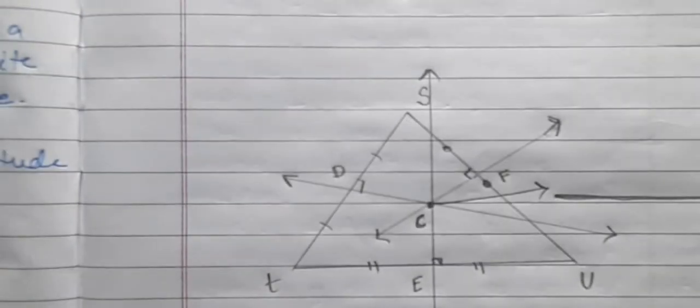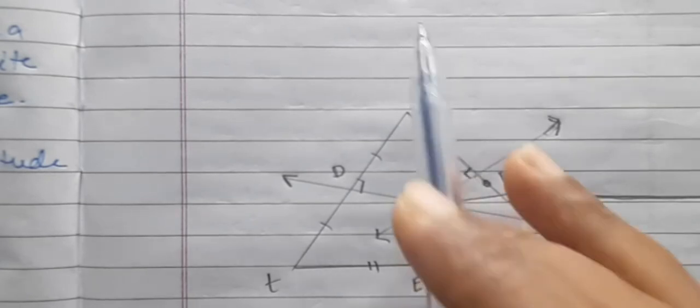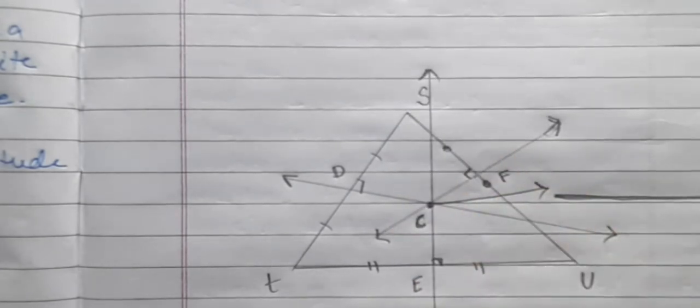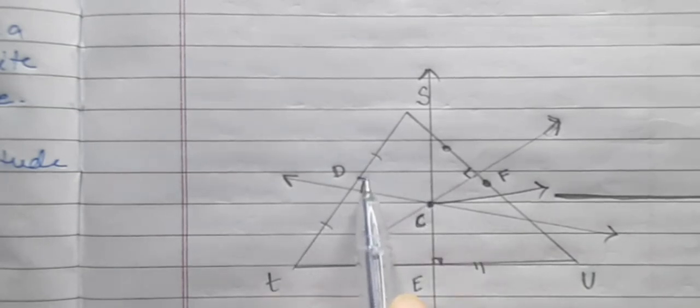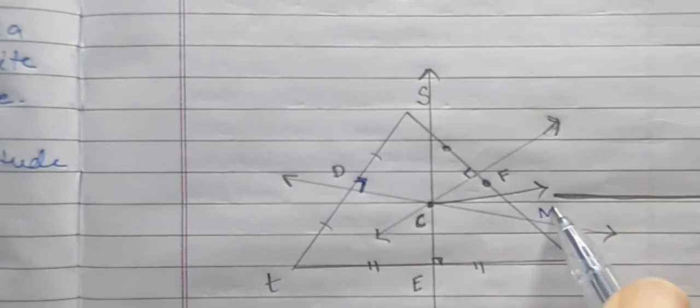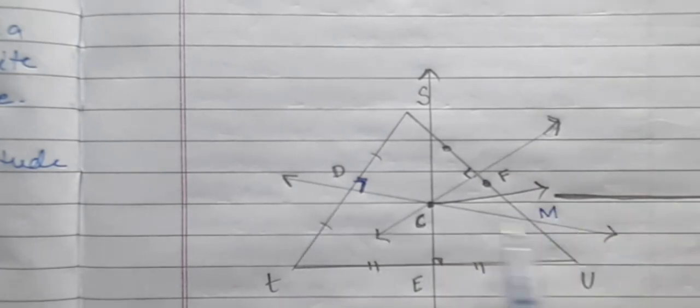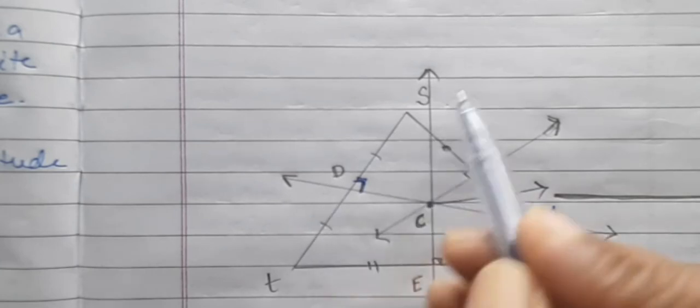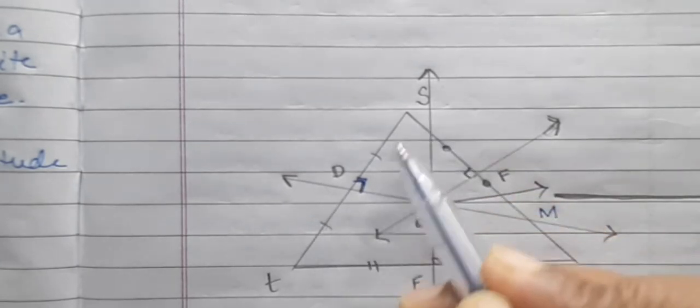Now we come to the next part. What do you observe over here? You will be observing that a few lines are intersecting at point C. Now at point D, a perpendicular sign is drawn, and this line, that is DM, is dividing ST into equal parts.